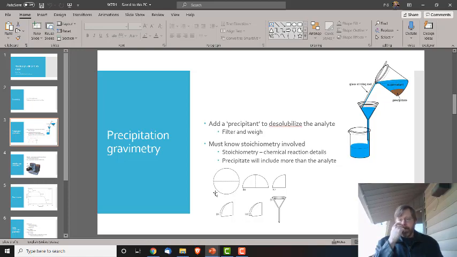But the other thing I liked was this nice diagram of how to actually pour something through a filter cleanly and neatly. I hadn't seen this before. It's fairly nice. So you have your filter touching the wall of your beaker, so you will pour down the side of the beaker instead of splashing, reducing splashing there.